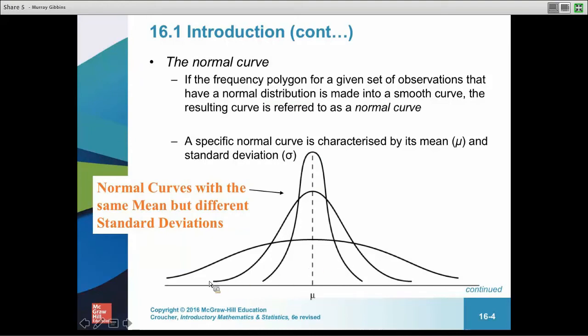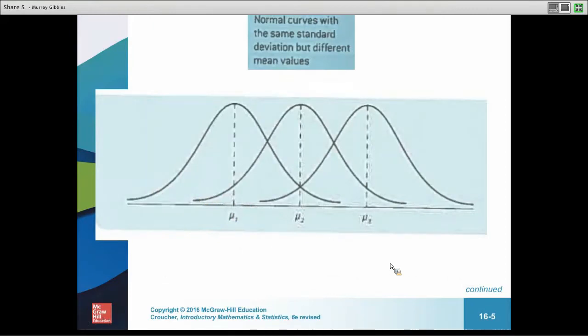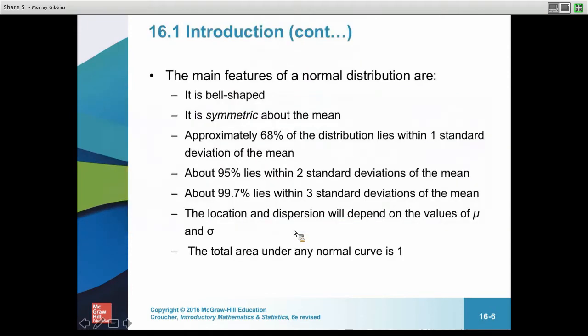So there's less variation in this set than this flatter curve, this one with the flat kurtosis. Wide range of scores. Mean still in the middle, mode and median in the middle, but a larger standard deviation. Here we've got the same standard deviation, but 3 different population means.